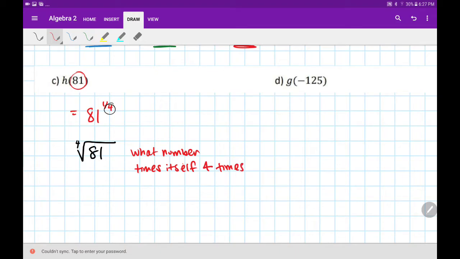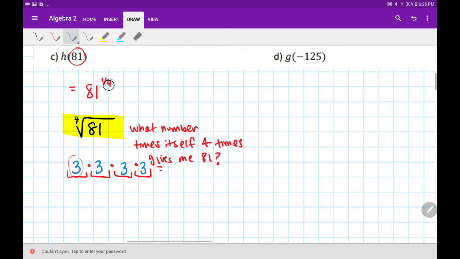So what number do you multiply by itself 4 times? If I were to stick it in each of these brackets here, will give me 81. Okay, that's the question. That's what this is asking us for. What number times itself 4 times gives me 81? The answer is 3. 3 times 3 times 3 times 3 is 81.